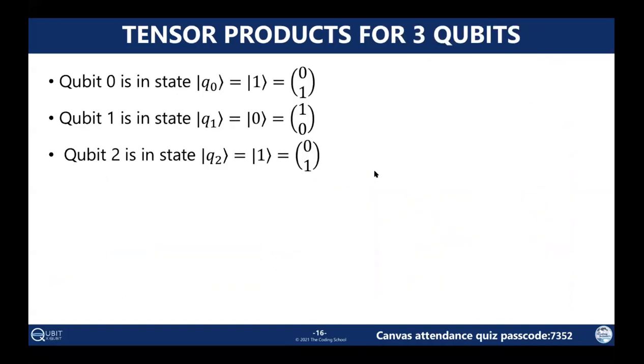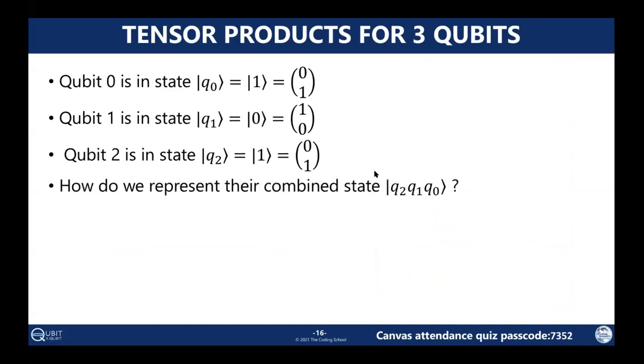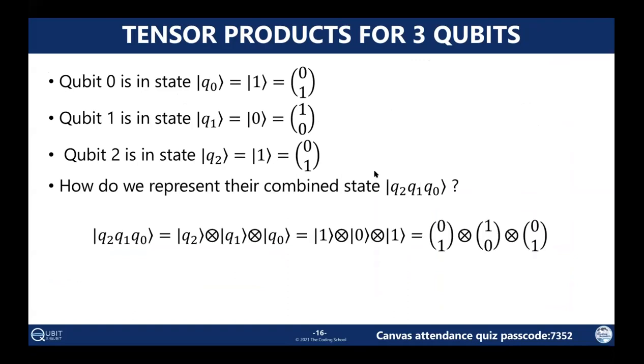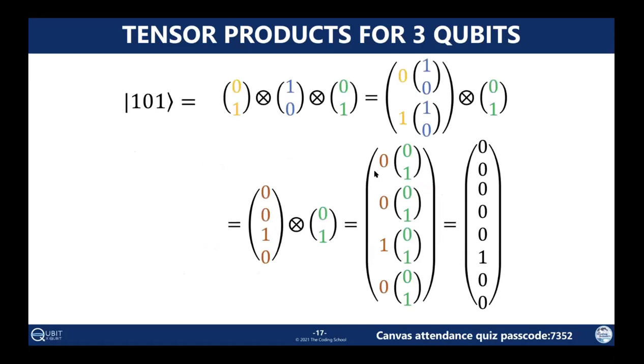So now if we want to extend our tensor products to 3 qubits rather than just the 2 we had before, we can perform the same action where we do the tensor product between 2 of the bits and then the results between the other 2 bits. I guess we should always go from right to left, not left to right. We do it backwards from how we read. So we went here, and then we went here. And so you can see how this works out here, or I guess they went left to right.